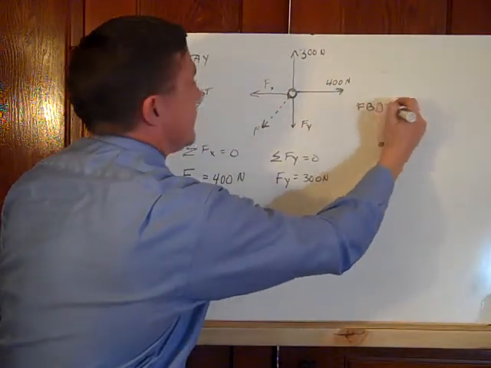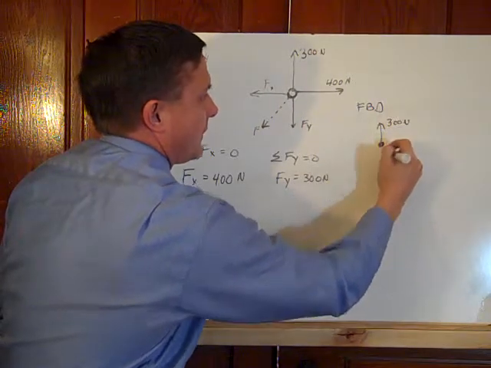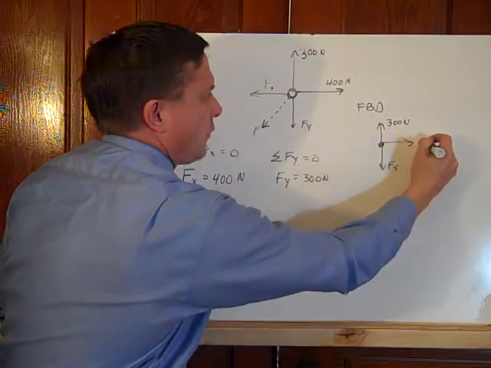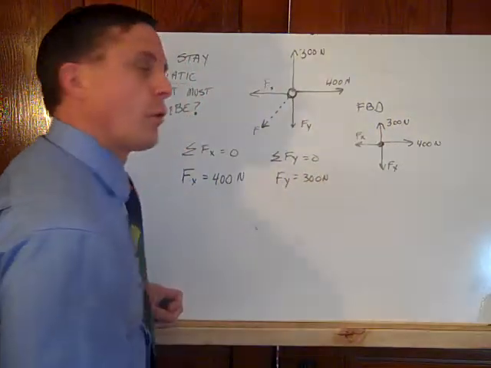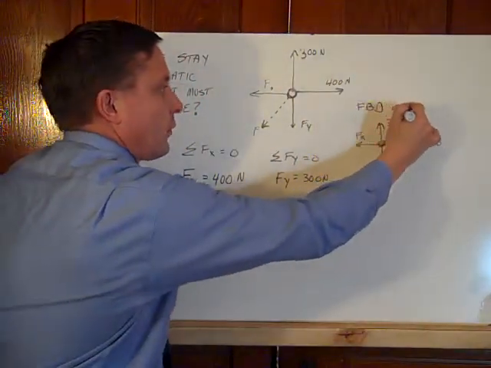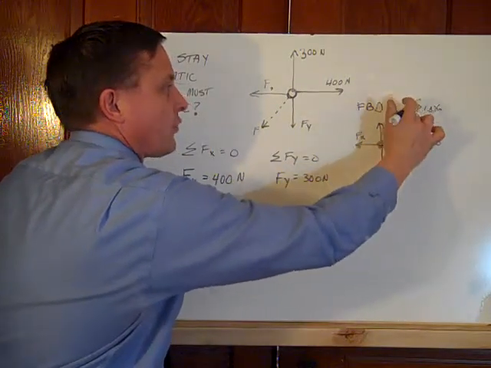Free body diagram. We would have had the 300 Newton force, the F of y force, the 400 Newton force, and the F of x force. Those are the 4 forces acting on that point. I'll call it the ring, because almost always they put these on a ring in books.